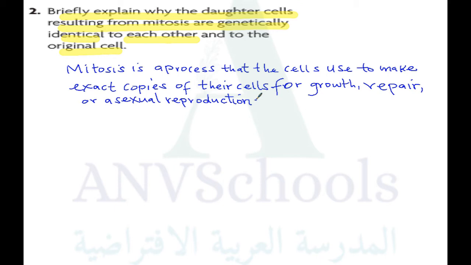So mitosis divides the nucleus into genetically identical nuclei, each with its own full set of DNA.